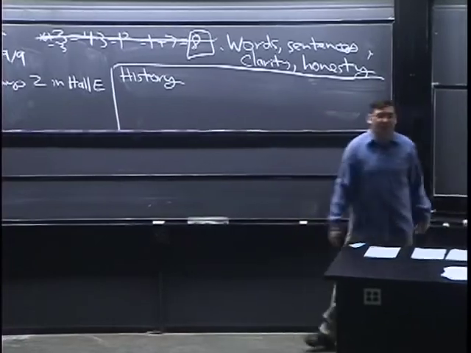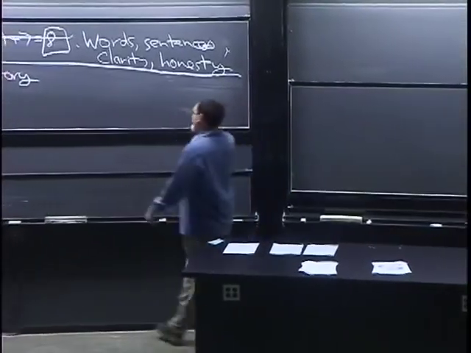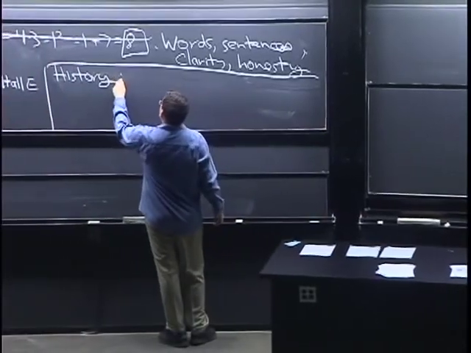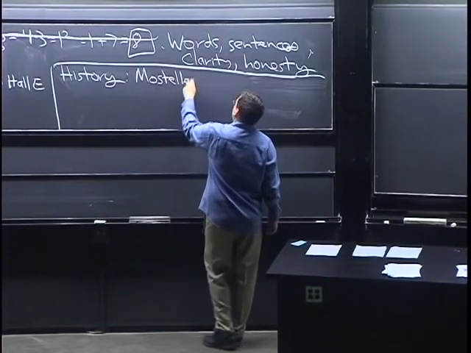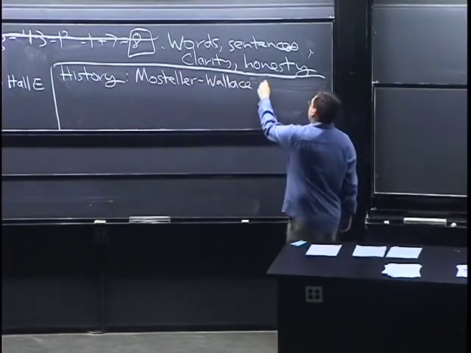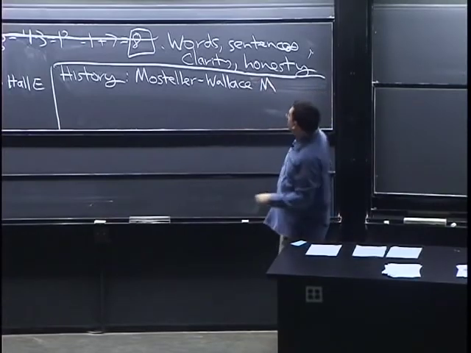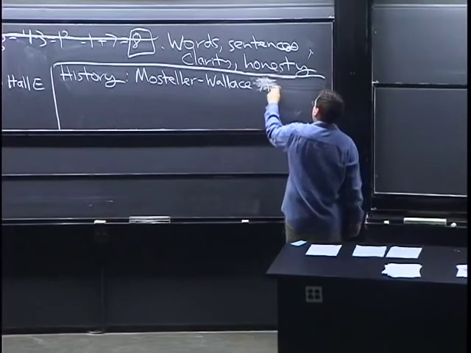Well, you might think, what does history and probability have to do with each other? I just want to mention very quickly one example, kind of a really famous, beautiful example, Mosteller. You can look up details if you want, online. Mosteller and Wallace did some beautiful work studying the Federalist Papers.